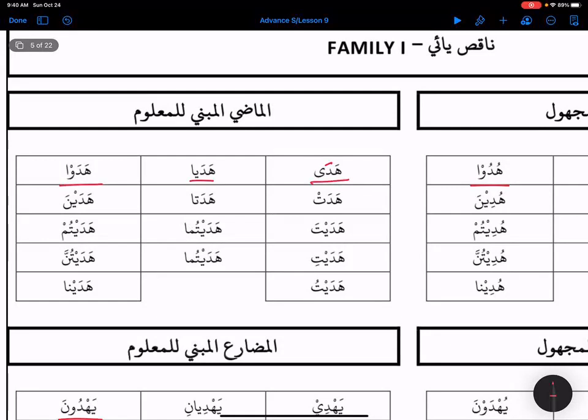So it is hada, there is a fatha, so this will become hadaw. But then for female, again ya will come back like hadayna. So basically, whenever on the middle root letter you see a fatha sound, it will become aw, only in this case. Otherwise, it will be a u sound.